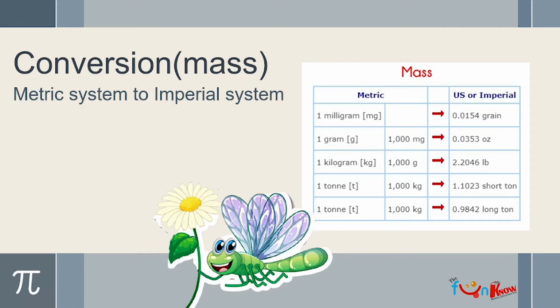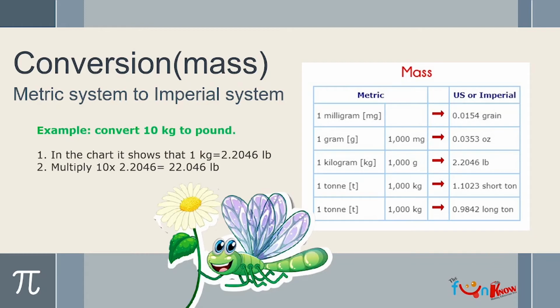Then 1 kilogram is 1000 grams, which is also 2.2046 lb. 1 ton is 1000 kg, which is also known as 1.1023 short ton. And then 1 ton again, you can also call it 0.9842 long ton.